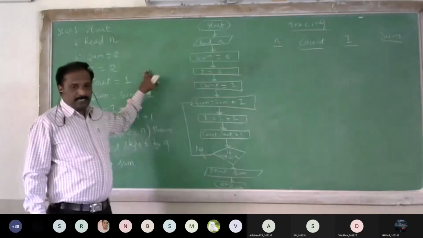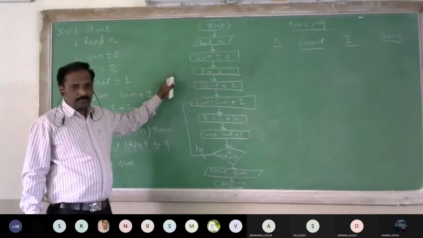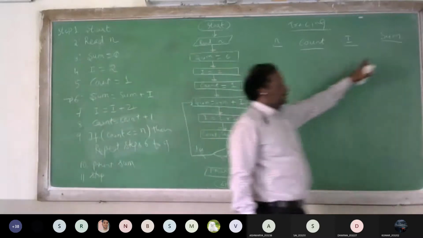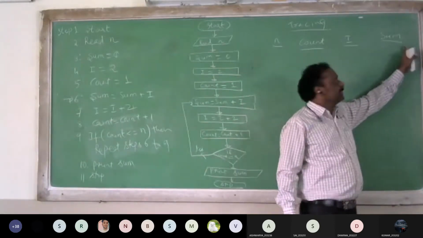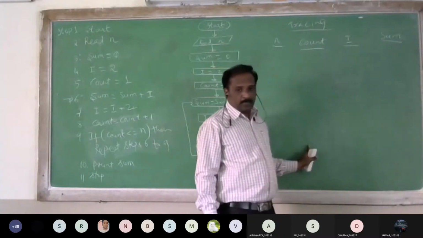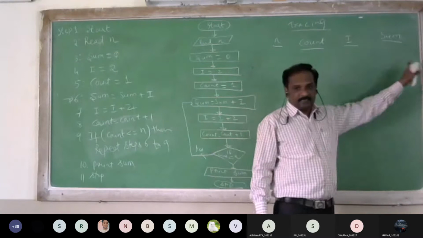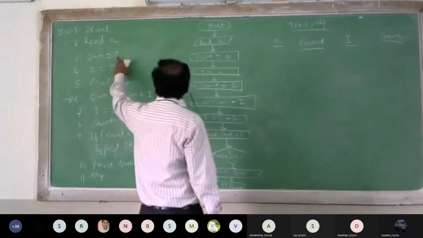Here, the title of the question is to find the sum of n even numbers. I am finding the sum, so I will write it last. If you write sum here also, not a problem. But for my convenience, I will write last. Sum.